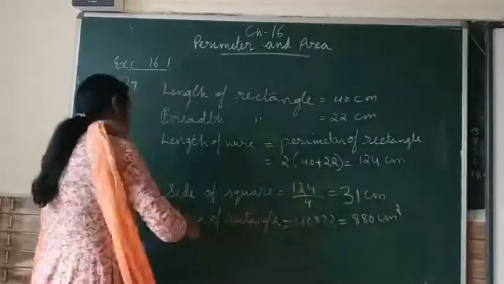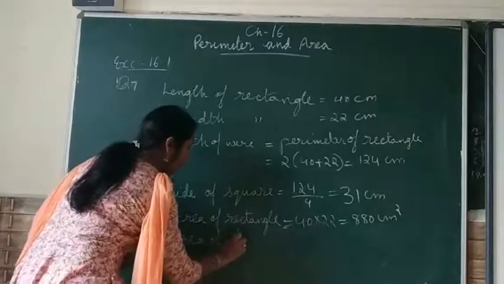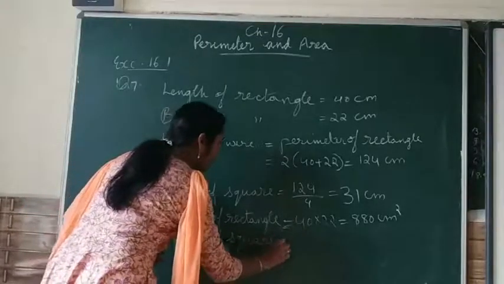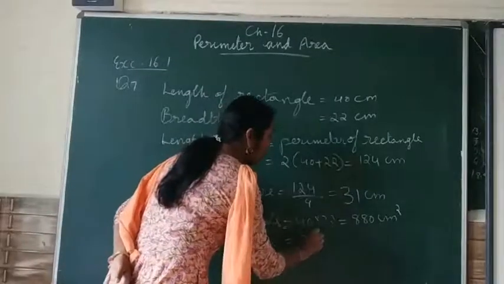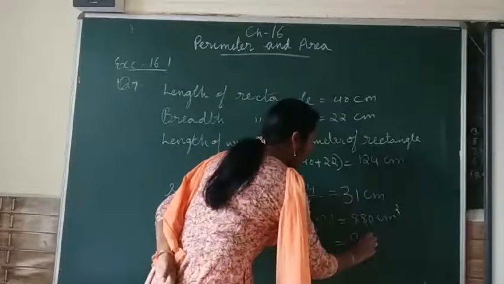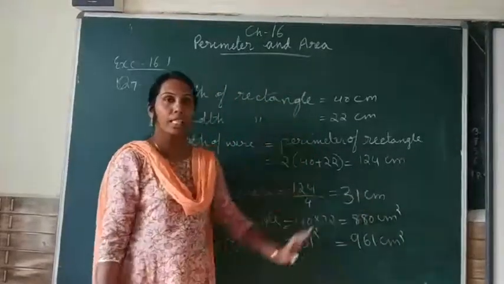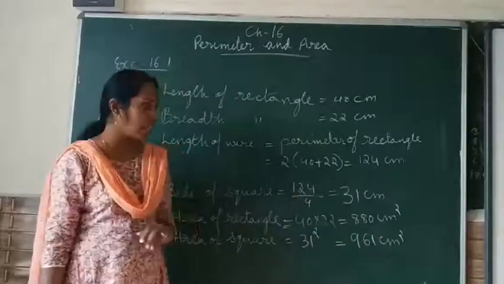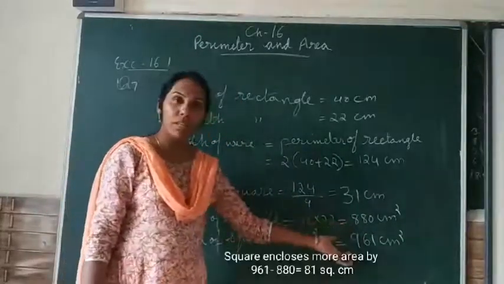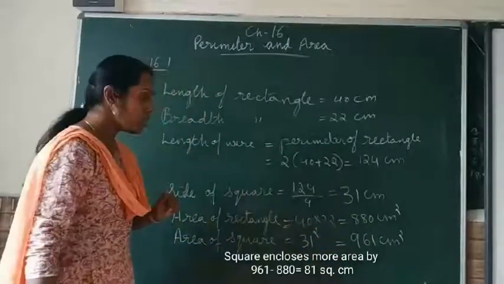Now area of square is equal to 31 square, 31 into 31. So the area of rectangle is 880 centimeter square. Area of square is 961 centimeter square. So we have understood which figure will enclose more area. It is clear that square will enclose more area.